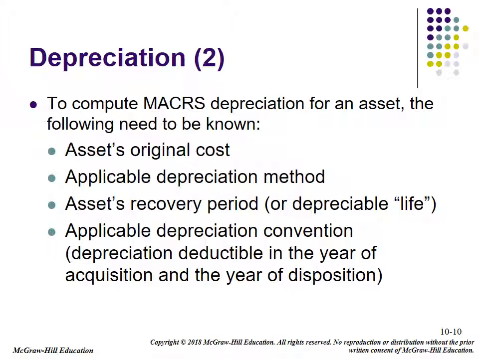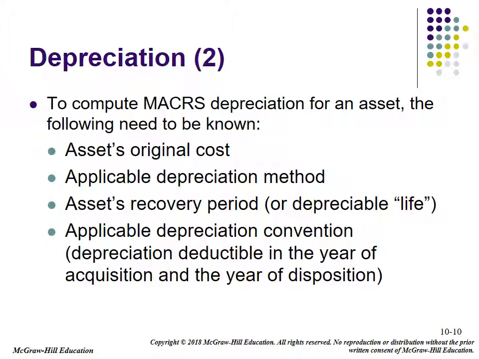To compute MACRS depreciation for an asset, the following needs to be known. The original cost, what type of depreciation method you're going to use, because you actually have two to choose from, and how long the asset's life is. Different from financial accounting, we don't get to decide the asset's life based on how long we plan on using it in our business.